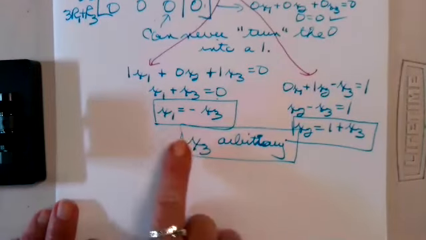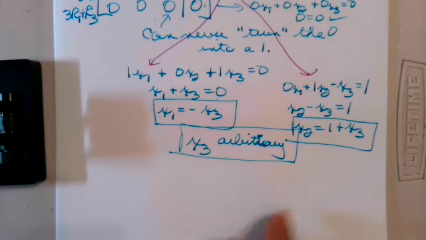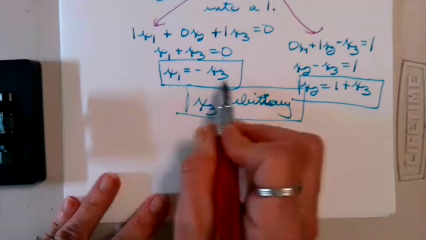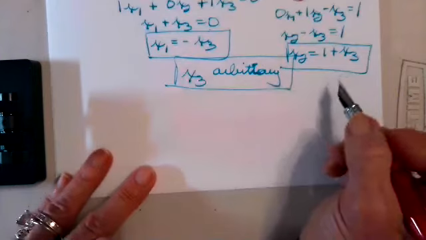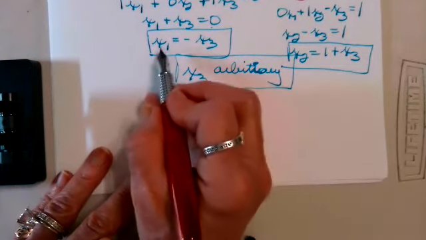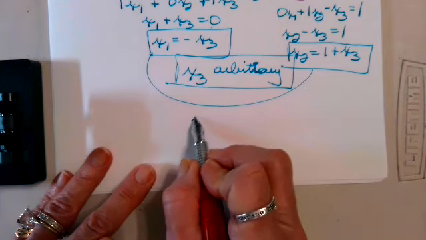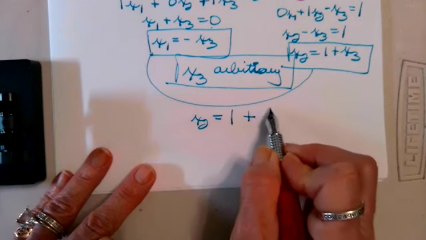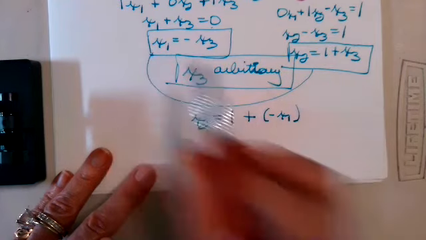And then when you get an example like this, where you start with the system of three planes and you get an arbitrary variable, what that means is they intersect in a line. Because if I rewrote this a little bit, x1 is minus x3, x2 is 1 plus x3. So combining this equation and this equation, x2 is equal to 1 plus minus x1, because x3 is minus x1.